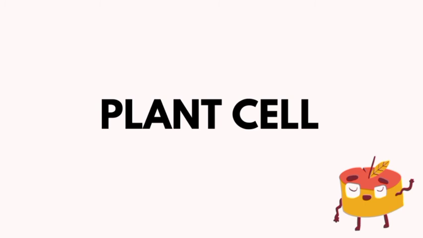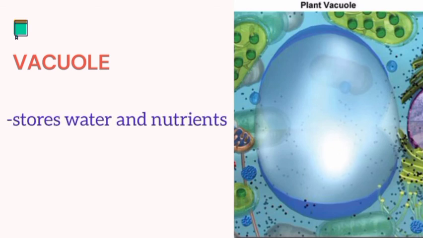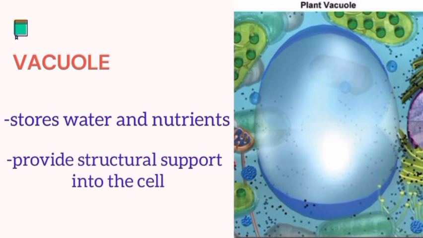Now let's talk about the plant cell. Even though they are similar, a plant cell has some characteristics that are not found in an animal cell. The first of which is the presence of a very large vacuole. In the vacuole, it stores water and nutrients, and at the same time, it provides structural support to the cell.